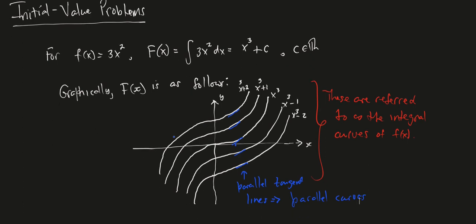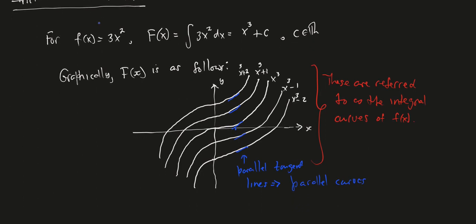So if you have the derivative of a function and you're trying to work backwards to figure out what the original function is, just by taking an antiderivative, you're not going to get one function. You're going to get a set of infinitely many functions. And the idea is, how can we identify one of these?